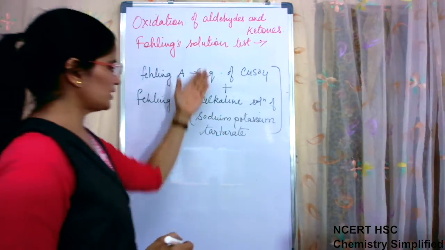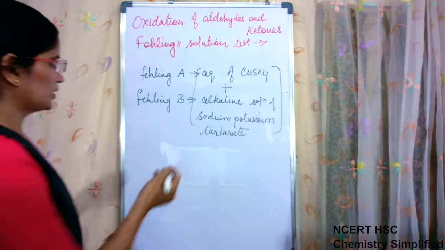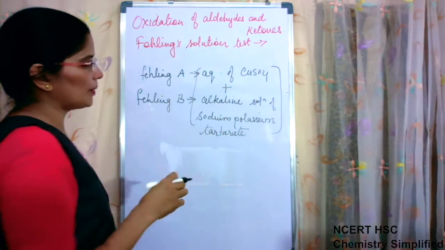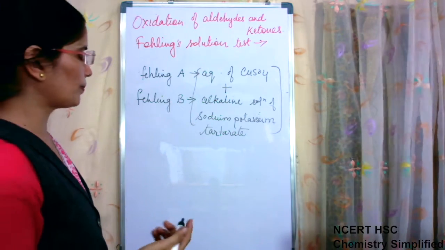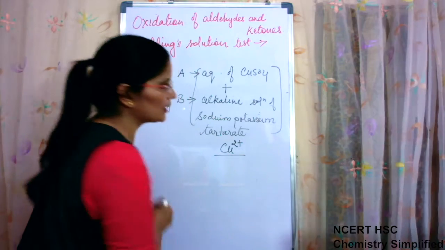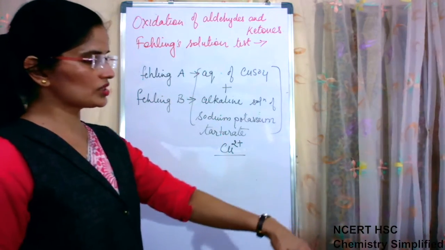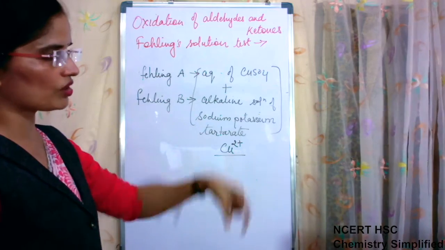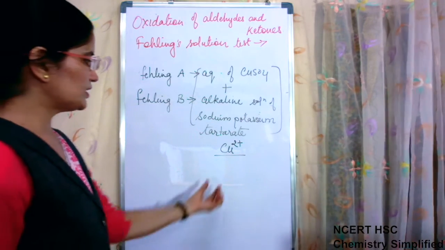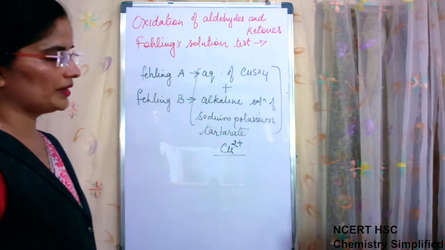Now, by combining these two, what we obtain is cupric ion. A deep blue colored solution is obtained, which gives us Cu2+ cupric ions, and these cupric ions are reduced and aldehydes are oxidized. When these cupric ions are reduced to form cuprous ion, a red colored precipitate is formed.